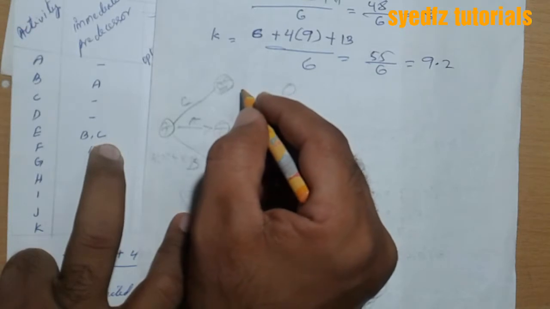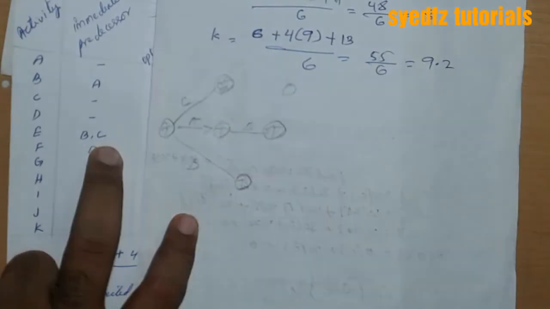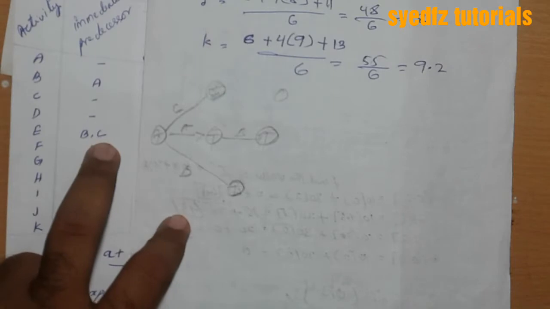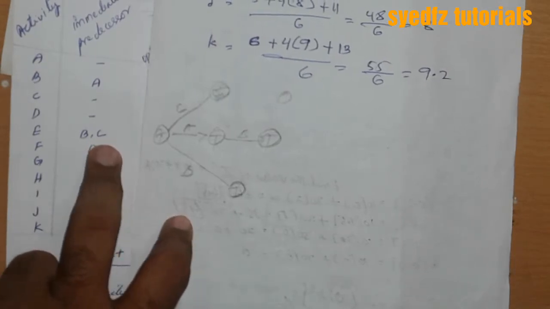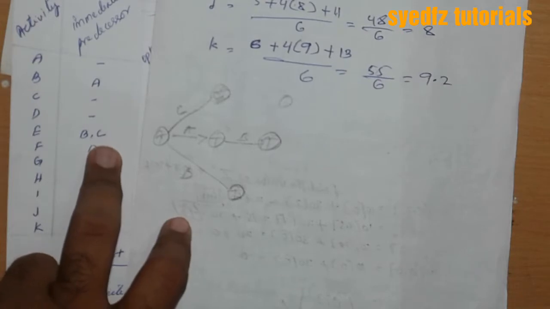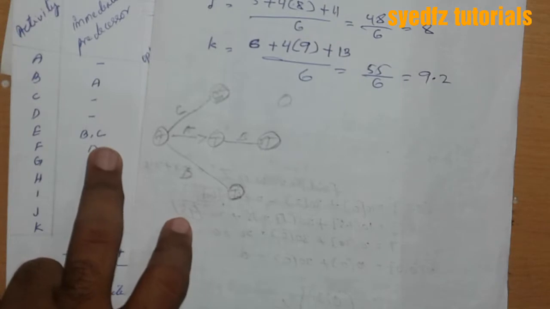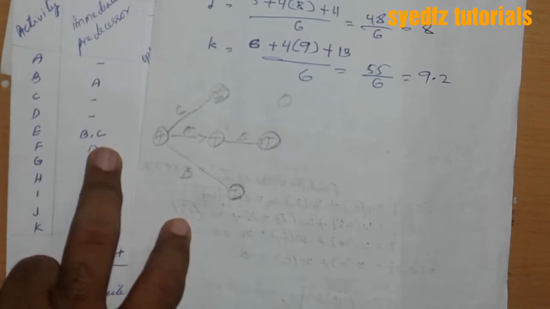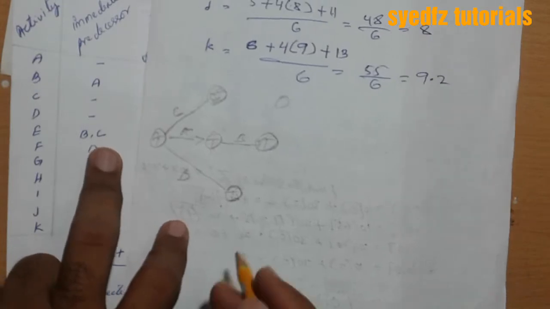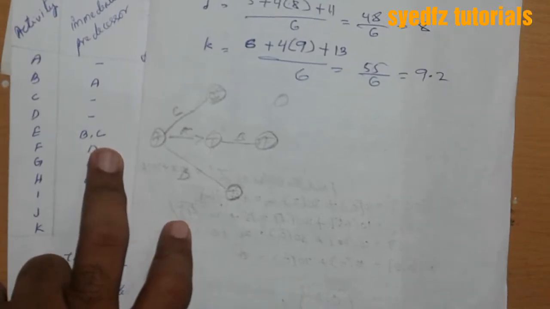Activity E happens from B and C. B and C activities are joining one event. B and C should be producers.